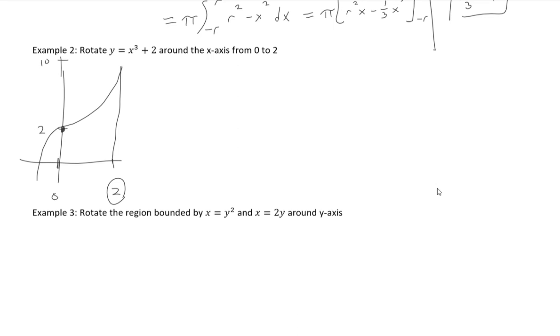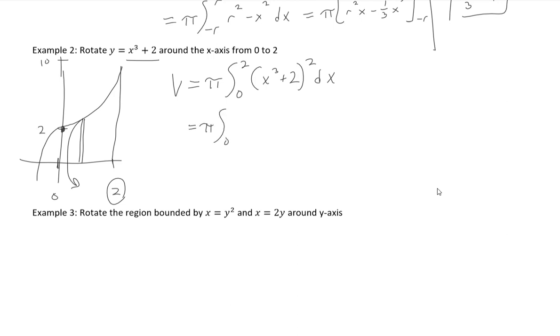But this region right here is what I'm going to rotate around the x-axis. Since I'm rotating around the x-axis, I want to keep it in terms of x, so I don't need to do anything to the function. I can solve for this pretty nicely. V equals pi, from 0 to 2, of r squared, where r is x cubed plus 2, squared, dx.